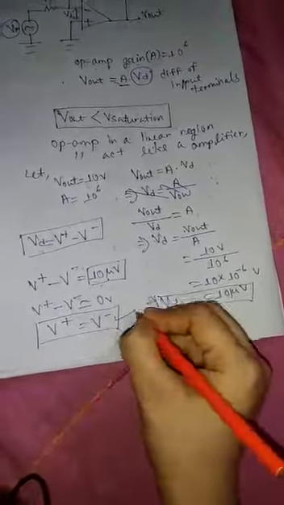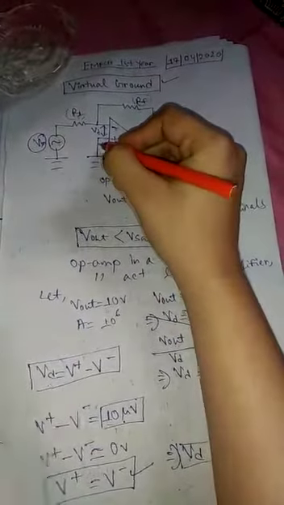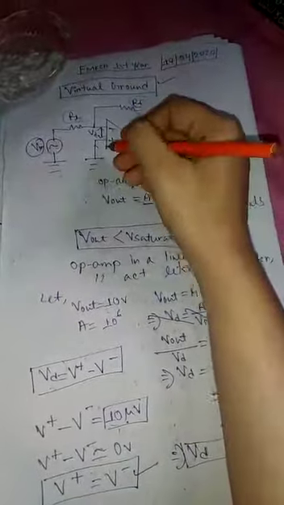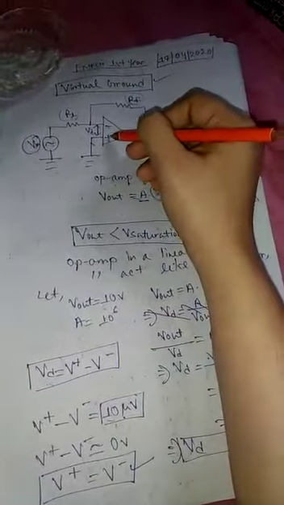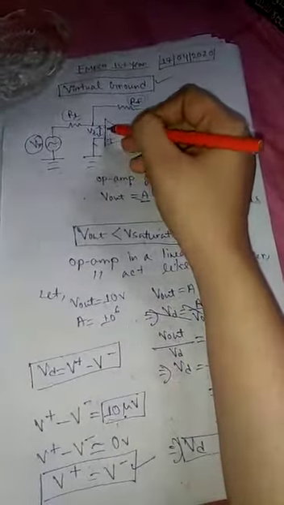That means virtual ground is a type of ground where no current flows between these two terminals, but the voltages are always equal. The positive terminal voltage is equal to the negative terminal voltage.